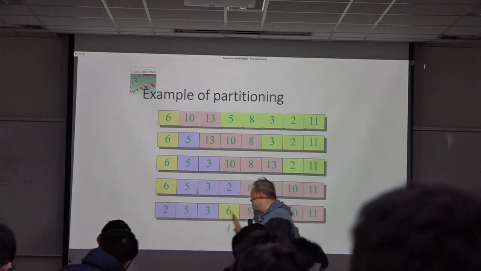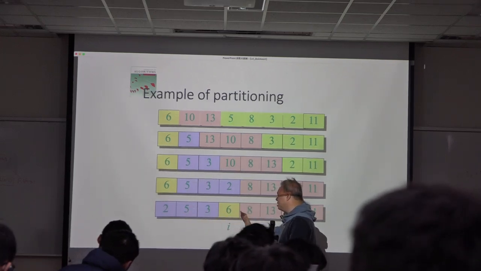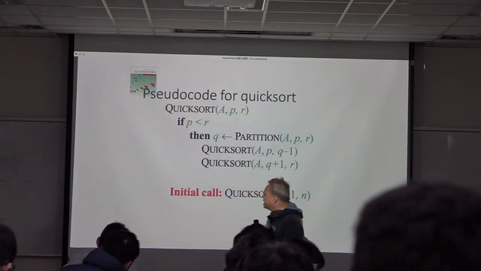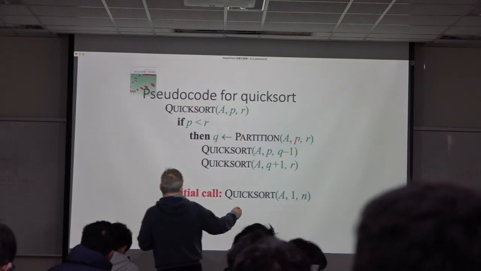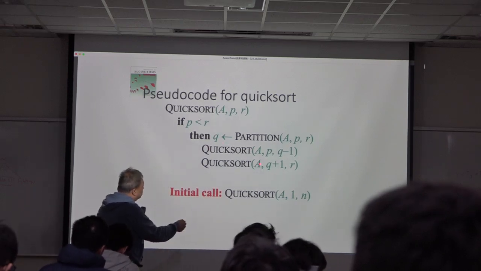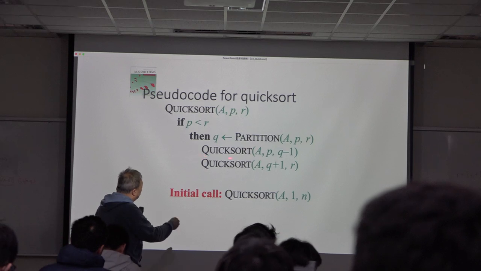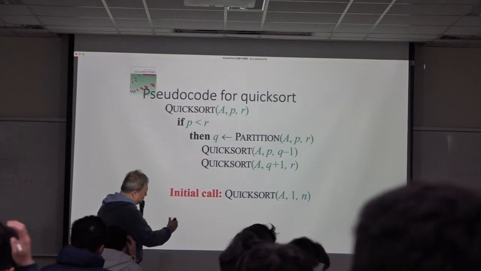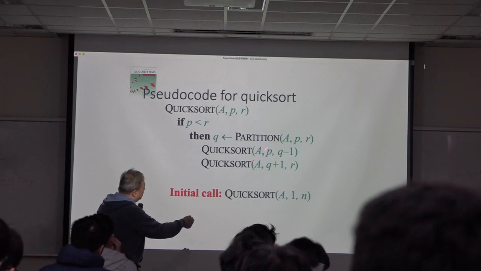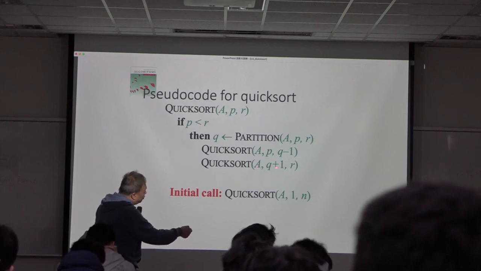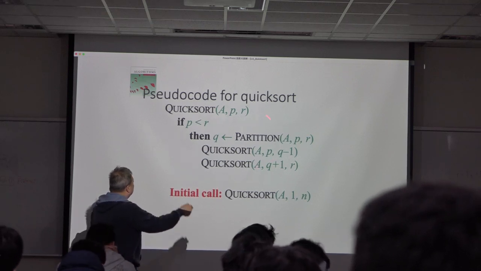Because you are done with the partition and you return the index of the pivot, you call quicksort recursively on the first subarray, A from P to Q minus 1, and the second subarray, A from Q plus 1 to R.